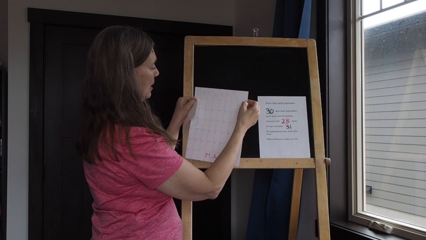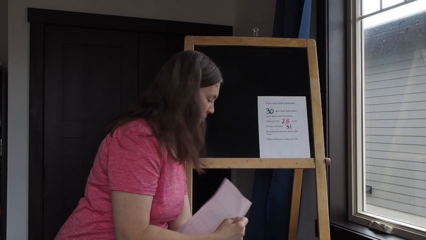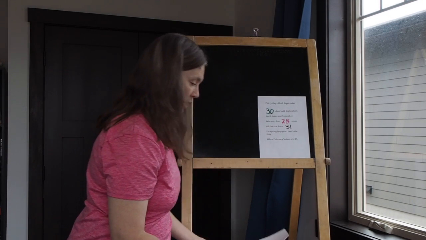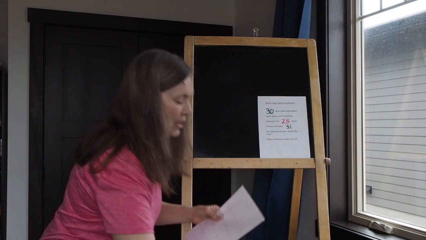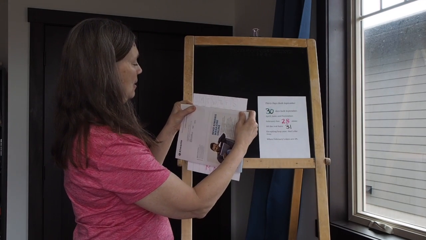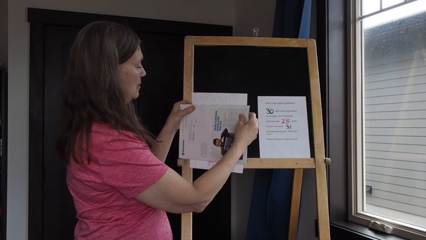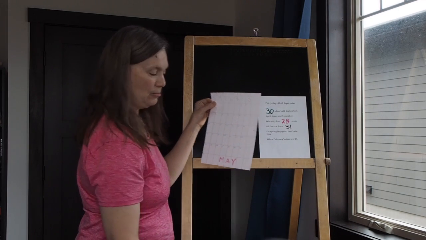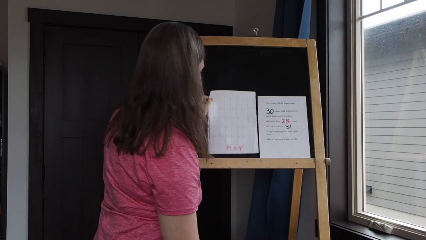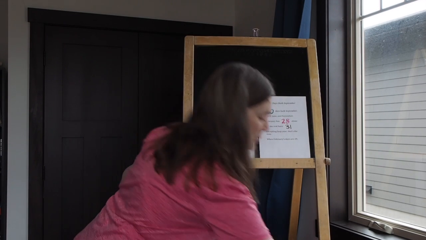Make the line by connecting the dots. You can connect the dots by using a ruler or some kind of a straight edge. Grab a magazine, line it up, and then put your line right here. And do the rest to make your boxes. So, that would be May.